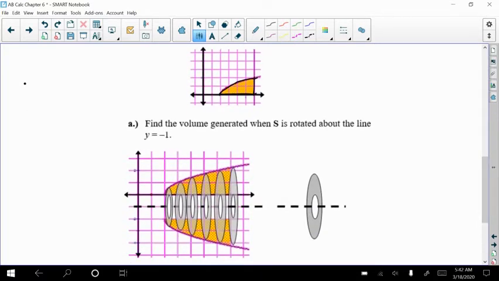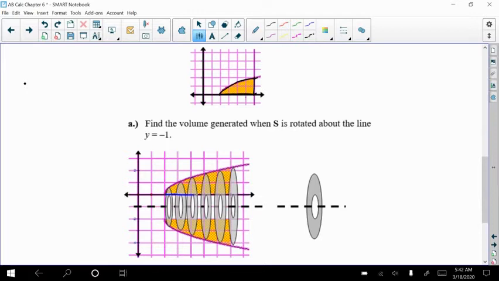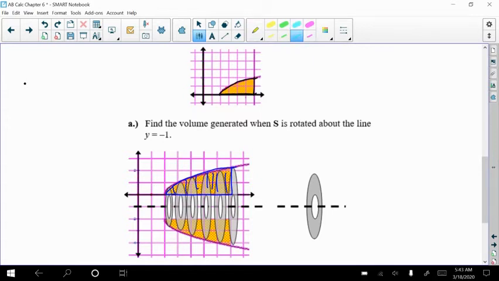I zoomed in, and what I want us to think about here, maybe I'll take this one, is that whatever that original region is, and I revolve it around this line, y equals -1, I have to always still preserve distance and preserve symmetry.